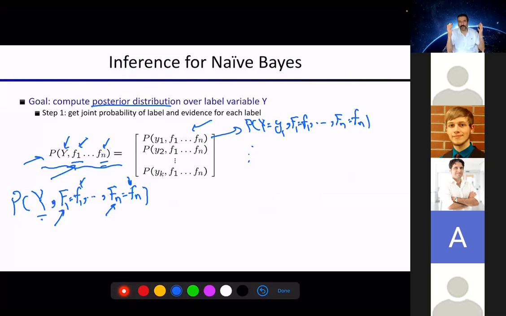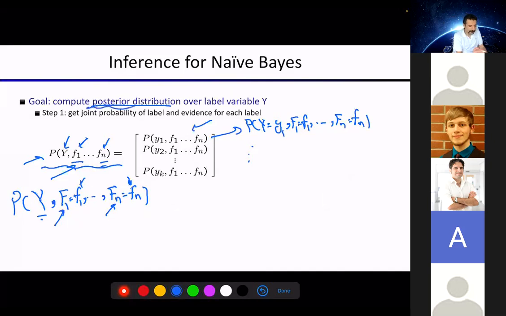What is the goal here? What do we want to get? We already discussed that before. Conditional probabilities? Exactly. What is that conditional probability? Can you specify? Like the probability of y given f1, and then the probability of y given f2, and so on and so forth. Exactly.